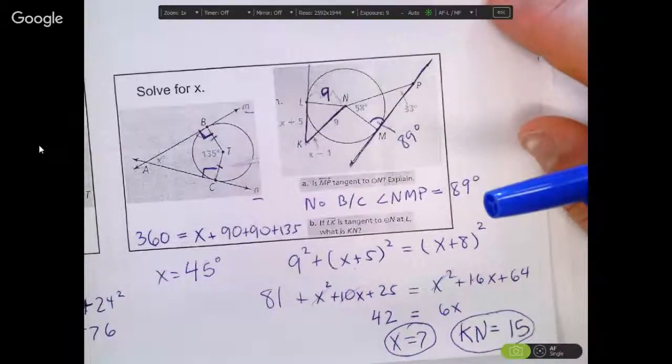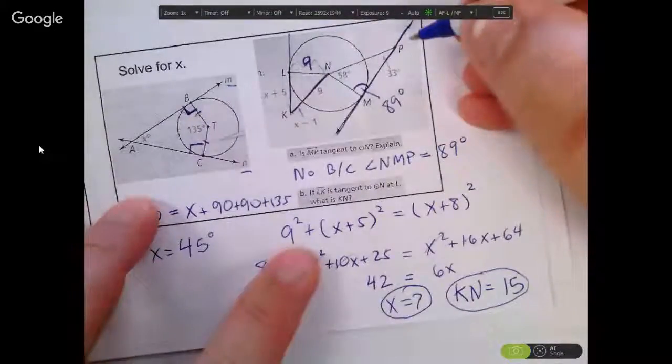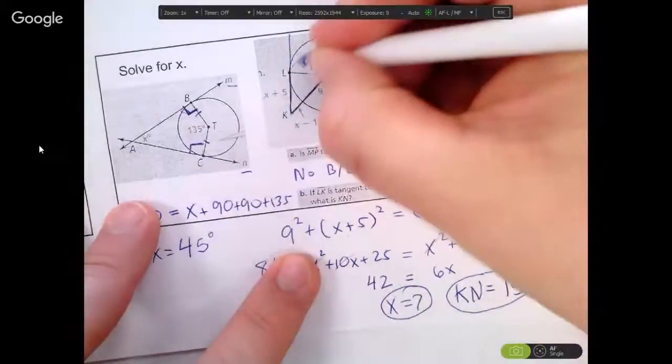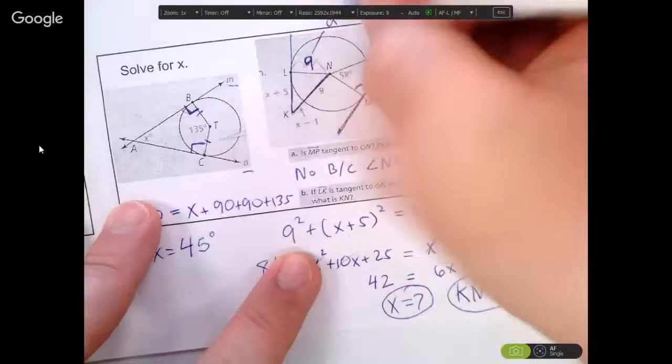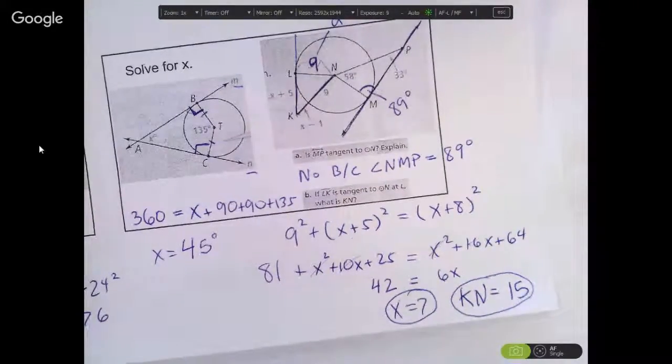Wait 1 second, please. So this was our a. Oh wait, never mind. Okay, I forgot that the thing with this side, we're not doing anything else. Keep going. I was wondering why we were doing that.